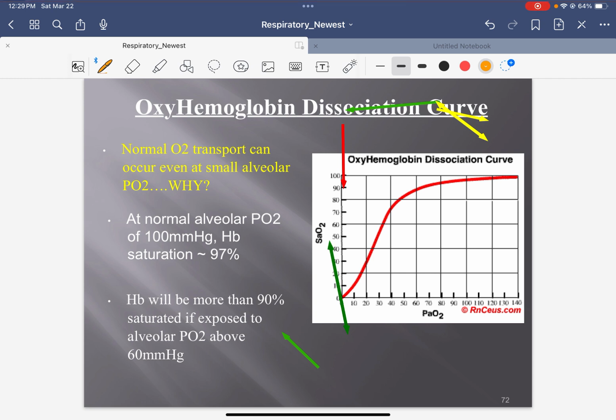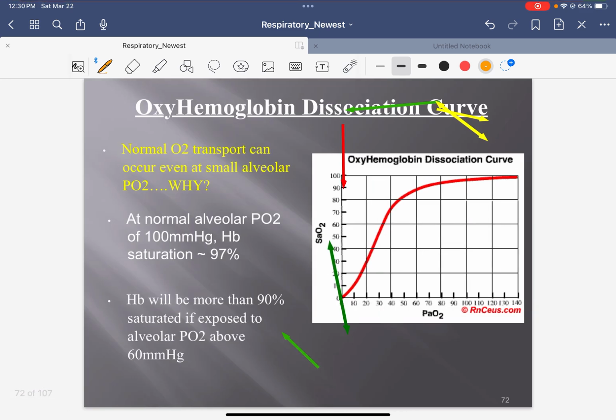Sure, a drop in oxygen can be bad, of course, but the body is much more sensitive to an increase in CO2. And this curve helps us explain why we can handle a drop in oxygen much better than we can an increase in CO2.